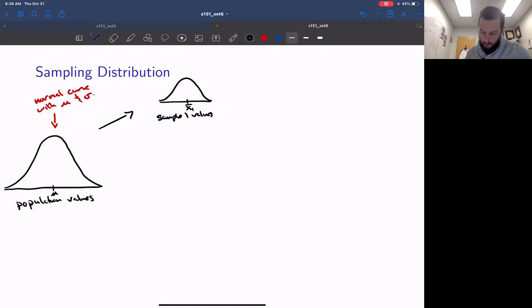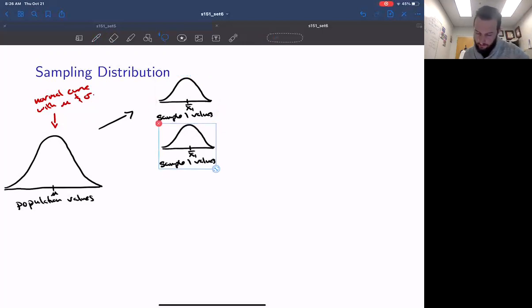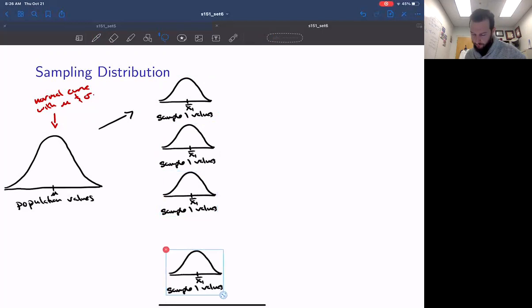Now, effectively, what's happening here is I can just keep repeating this process. I collect one sample, I compute X bar. Then I collect a second sample, I compute X bar. Then I collect a third sample, I compute X bar. And I can do this as many times as I want.